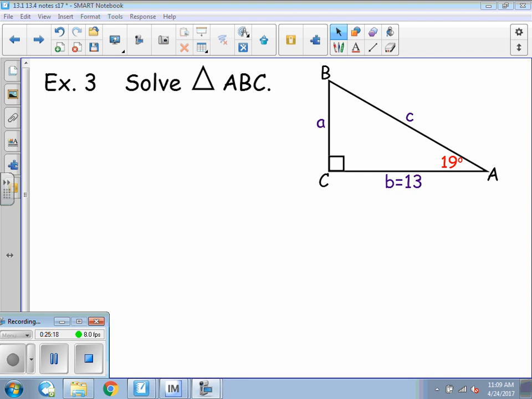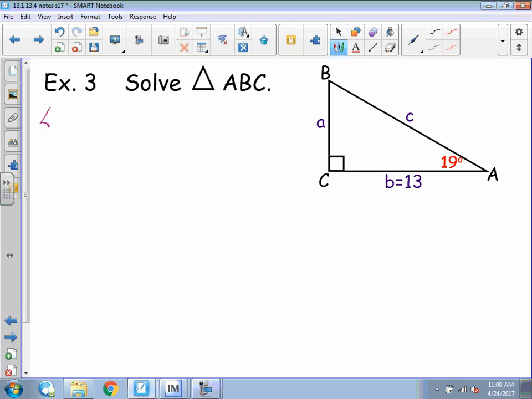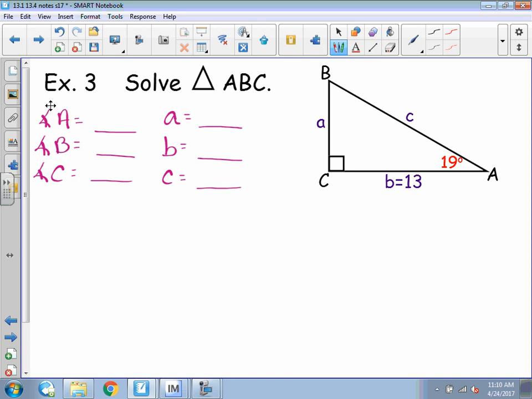Okay? So first thing you want to do, if it says solve, then you want to know angle A equals what? Angle B equals what? And angle C equals what? Side A is what? Side B is, and side C is. That's what the answer is going to be, all six of those things. Some of that they gave to you.